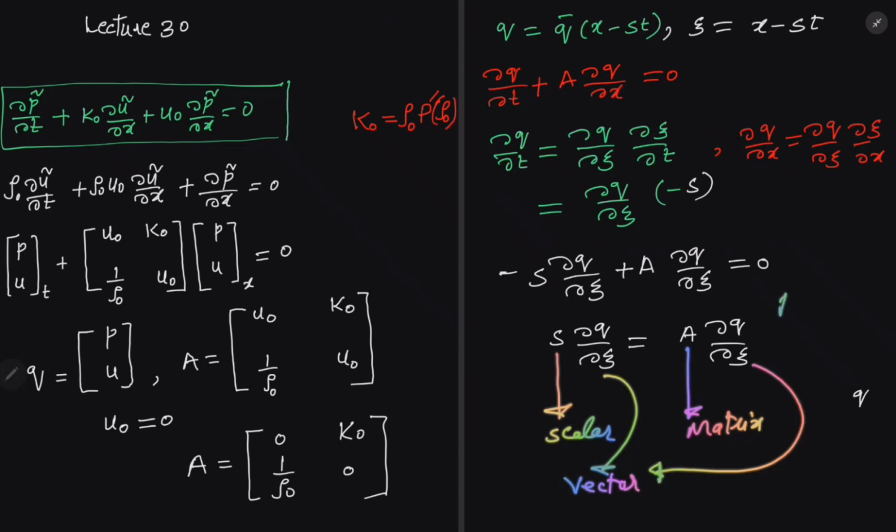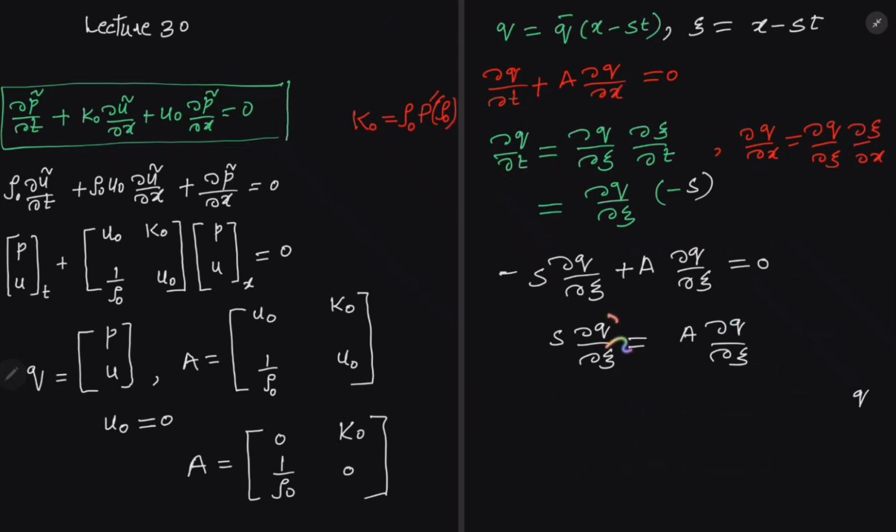So this is equal to Ax is equal to lambda x from linear algebra. The x is actually partial q by partial xi. On one side we have a scalar quantity times a vector, and on the other side we have a matrix times a vector. And we will talk about the eigenvalues and eigenvectors in the next video. Thank you for watching.